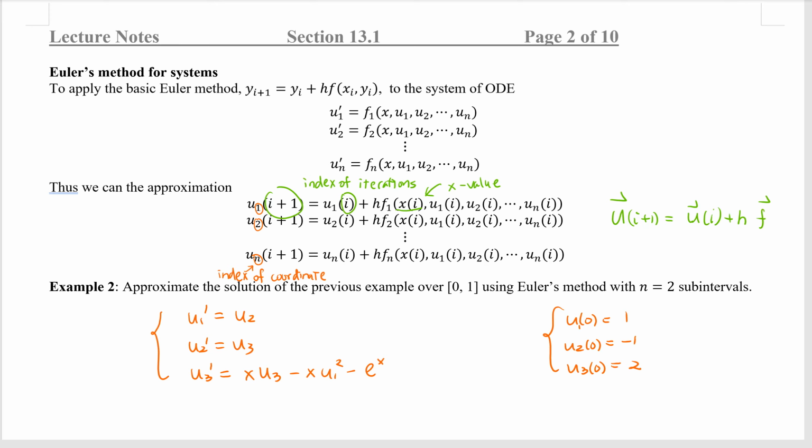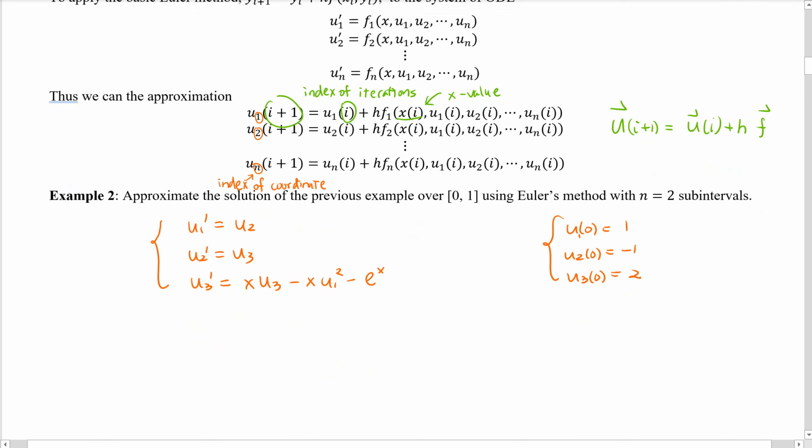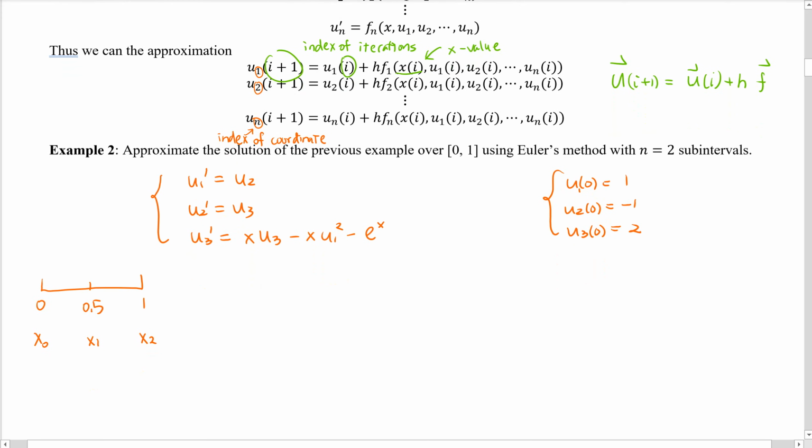Okay, now we want to look at the interval from 0 to 1. Let's draw it. 0 to 1, and we divide it into two subintervals. Then this is 0.5. This is x0, this is x1, this is x2. In the last chapter we wrote y0, y1, y2, but here it's going to be u vectors.